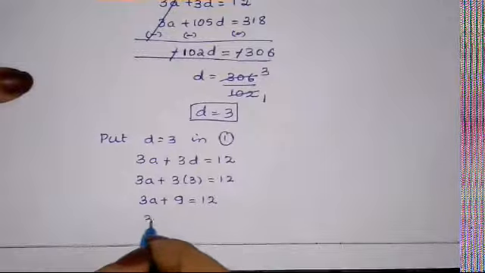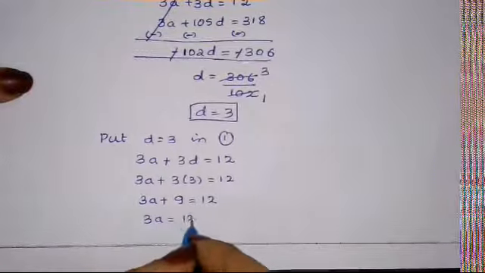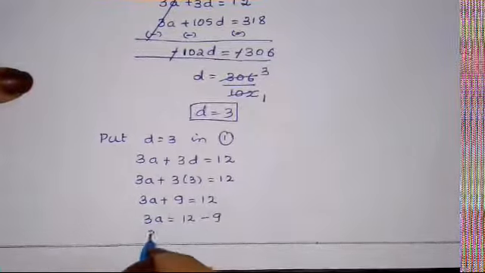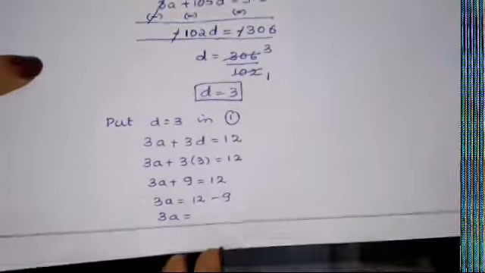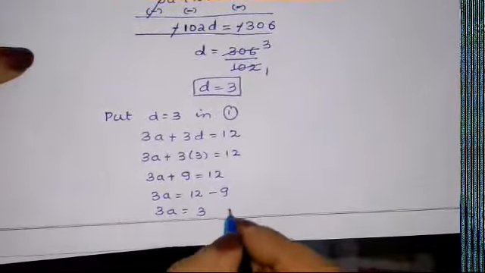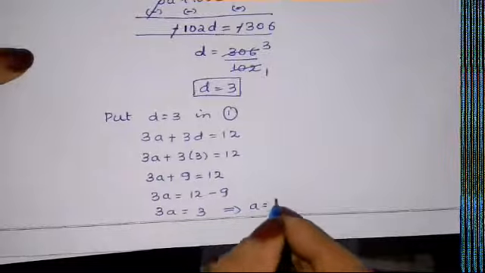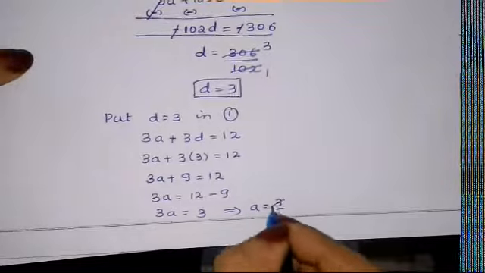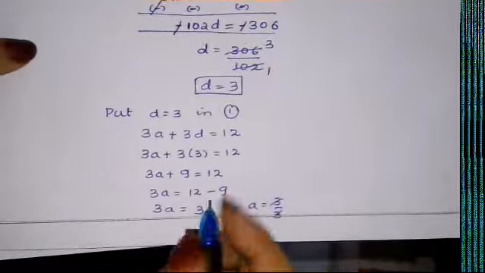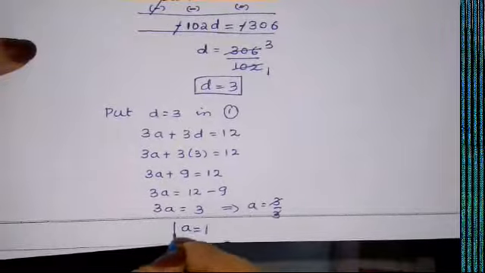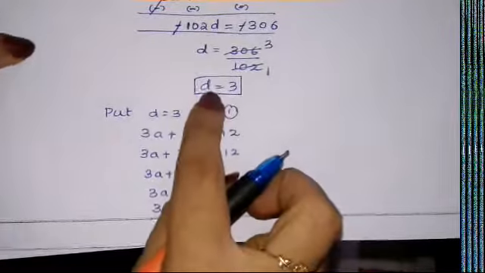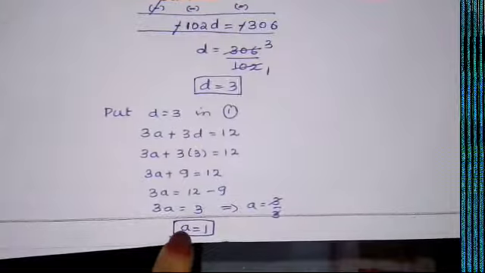So 3A is equal to 12 minus 9, which is 3. So A is equal to 3 by 3, and we got A is equal to 1.